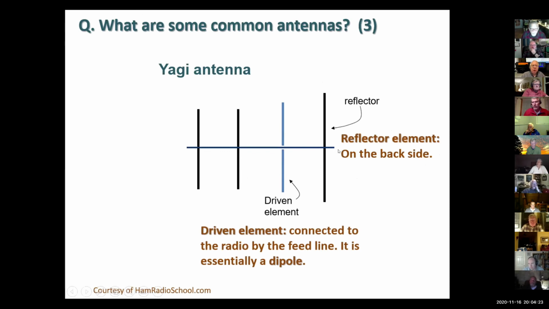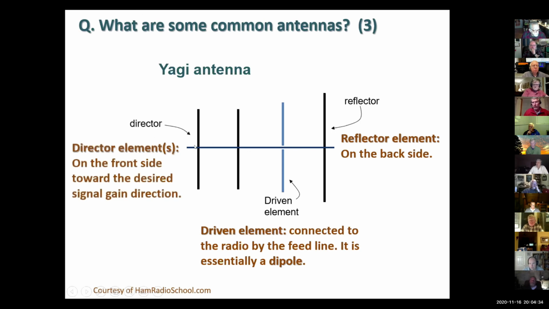It's going to be spaced about a half wavelength. And that reflects the signal to the left as we look here. And then we have directors, which are a little bit shorter, and those sort of attract the signal and also direct it towards the left. And that's how we get gain out of a Yagi antenna.